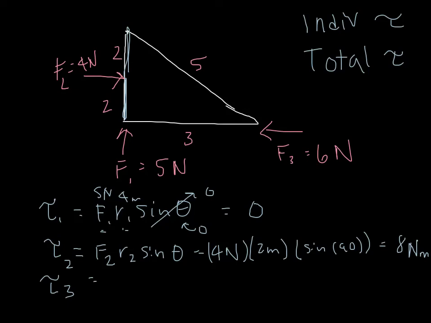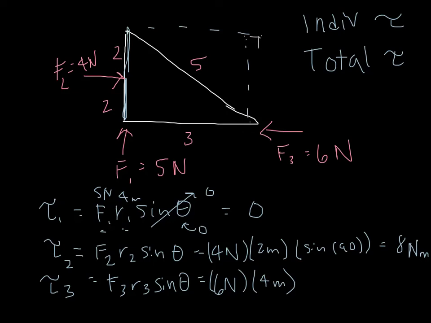And our torque from force 3 is equal to F3 R3 sine theta. And that's equal to 6 newtons times 4 meters, because we're just going to talk about this distance here.